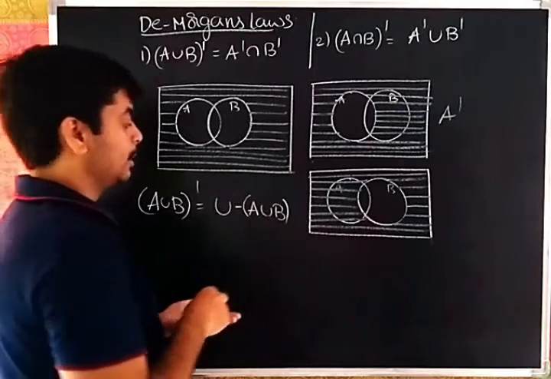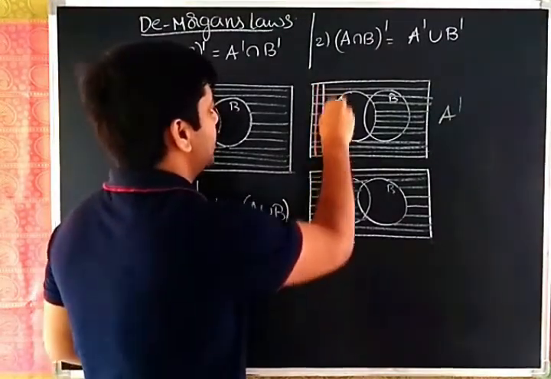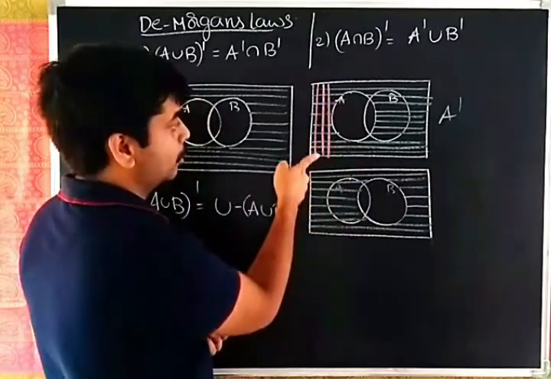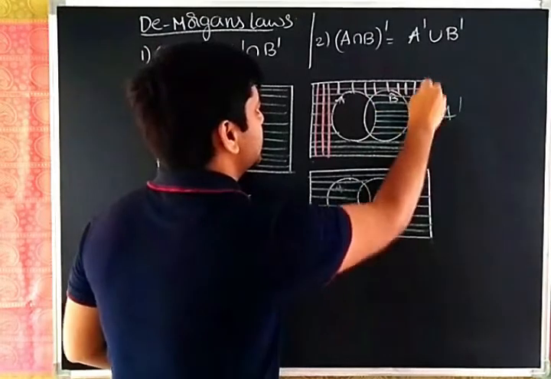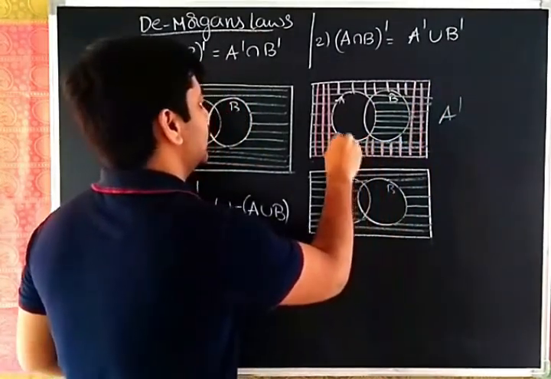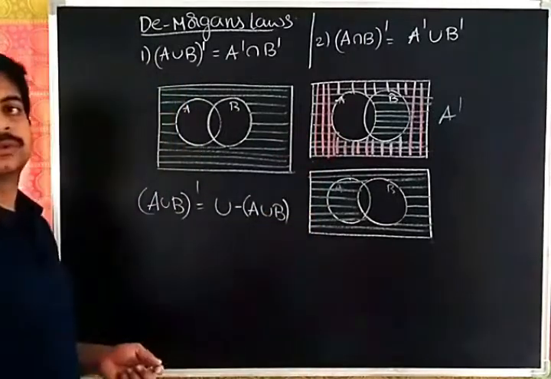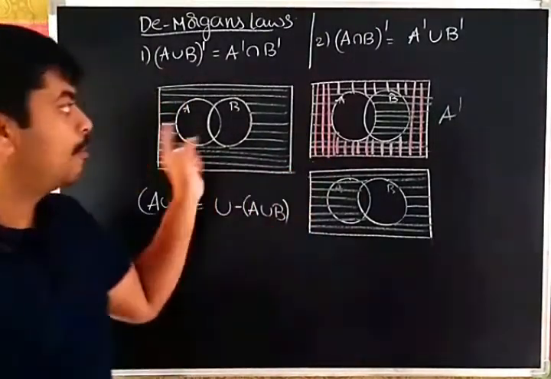So if you try to draw that common part, this complete thing is the common region between these two. The red one, which I drew now, is the common region between these two.